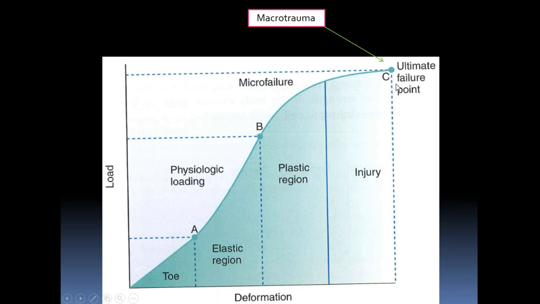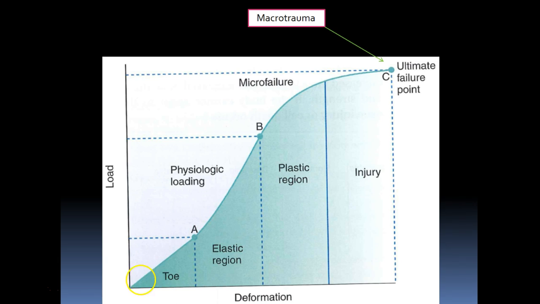So the stress strain curve that we see here is really just a description of the amount of tension or load that a specific tissue can tolerate, right? And so with tissue, let's just imagine that we're stretching a hamstring, right? So imagine that.